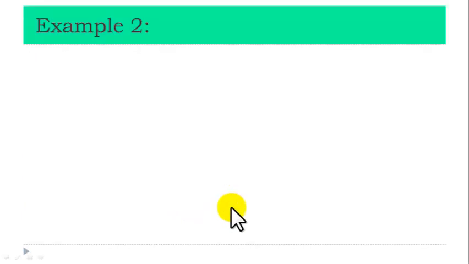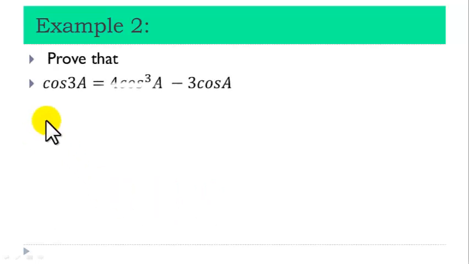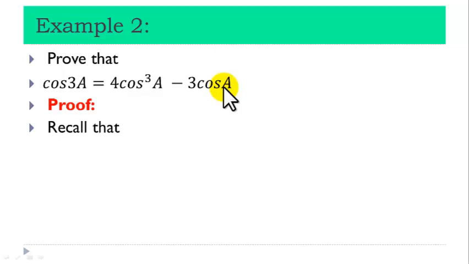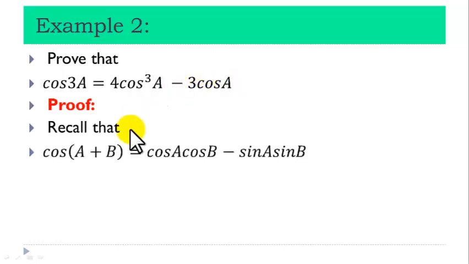Example 2. Prove that cos 3a is equal to 4 cos cube a minus 3 cos a. Proof. Let us recall that cos(a plus b) is equal to cos a cos b minus sin a sin b.